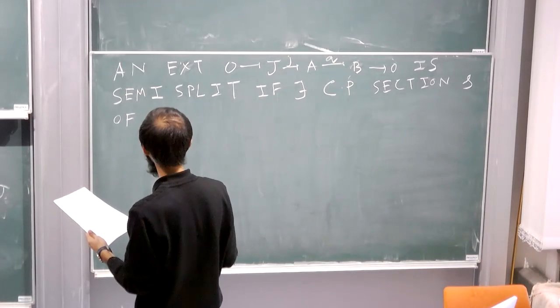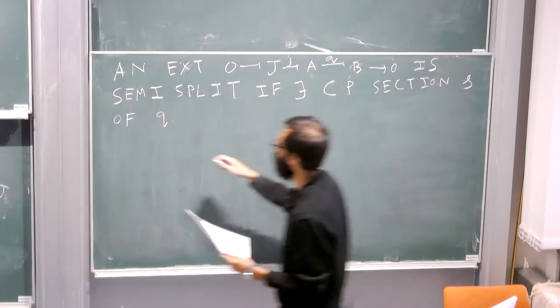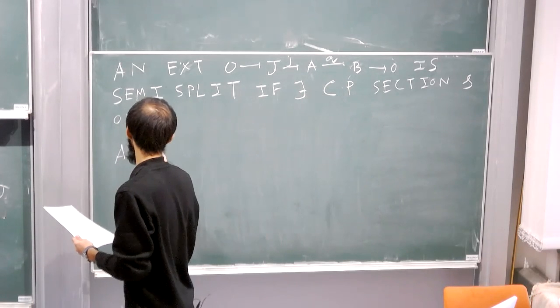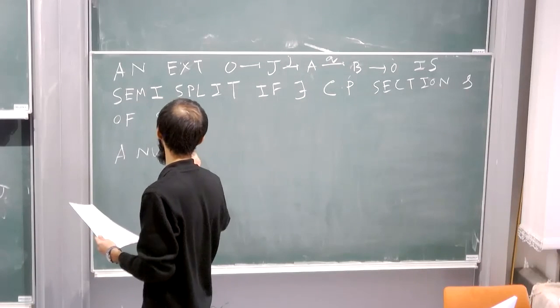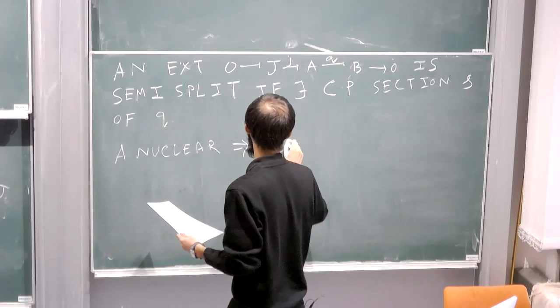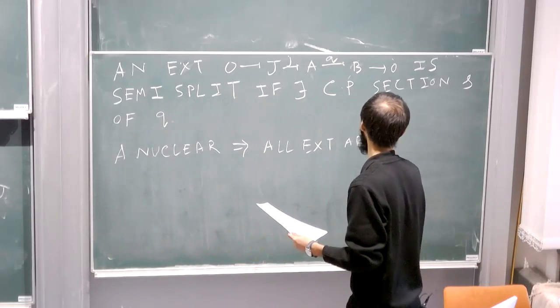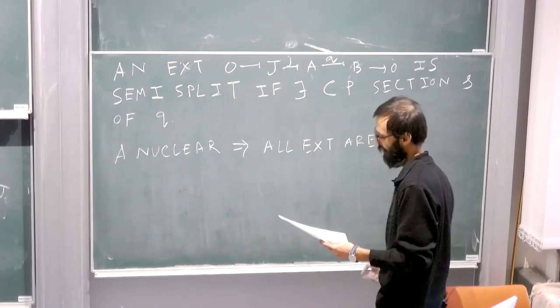For example, if you have A nuclear, A nuclear implies all extensions are semi-split.